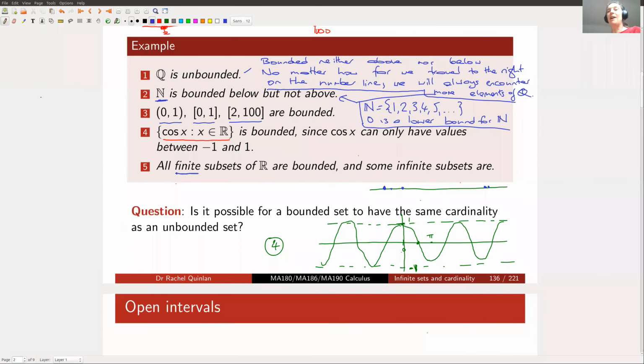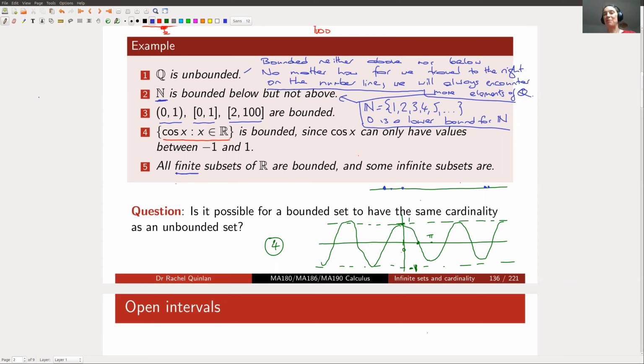So we are still interested in cardinality, and in whether you can place infinite sets in correspondence with the natural numbers or not. In terms of thinking about bounded and unbounded sets, bounded sets are contained in specified regions of the number line.